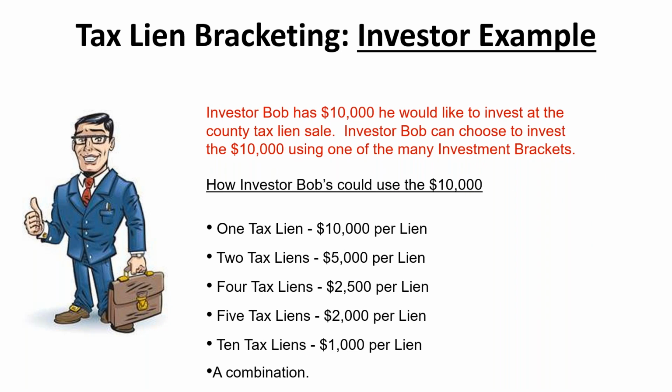With 10 liens, you've got a higher chance of acquiring one of those properties, but definitely a lot more work. So Bob here with that 10 grand could do one $10,000 lien, or two $5,000, or four $2,500, and down from there.